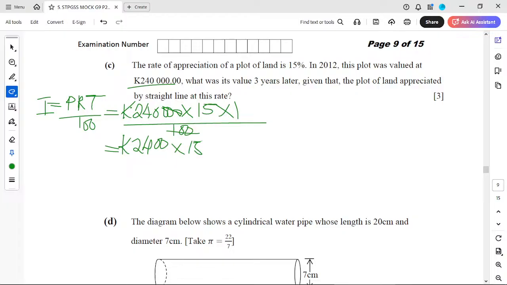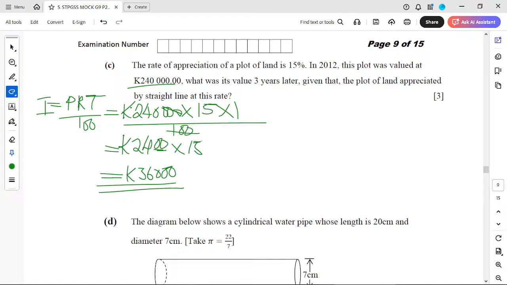Then we ignore the two zeros and focus on 24 and 15. 24 times 15 is going to give me 360. Now we remember the two zeros and put them back to the product. It means the appreciation of land in one particular year is 36,000 kwacha. In one particular year, the land appreciated by 36,000 kwacha.